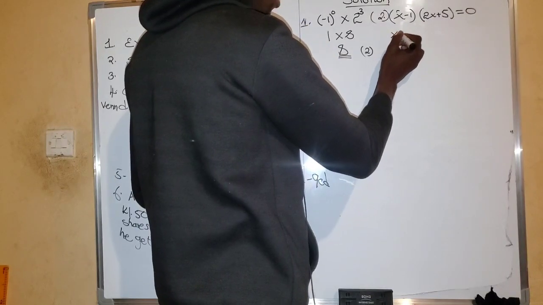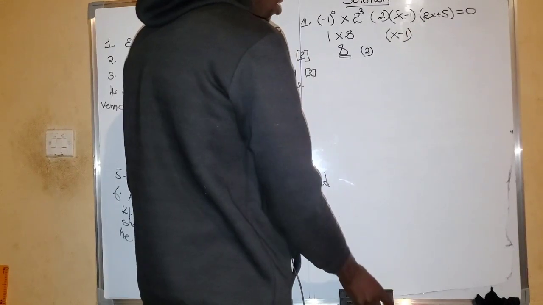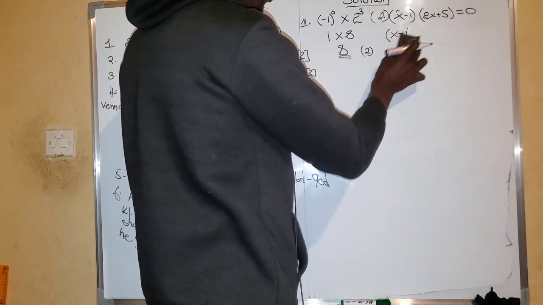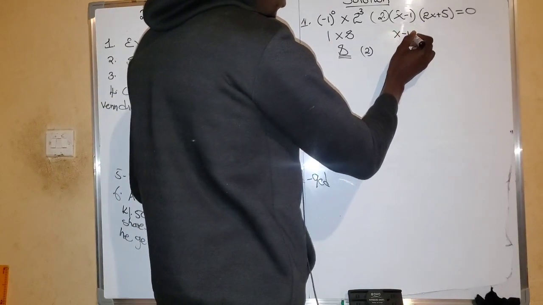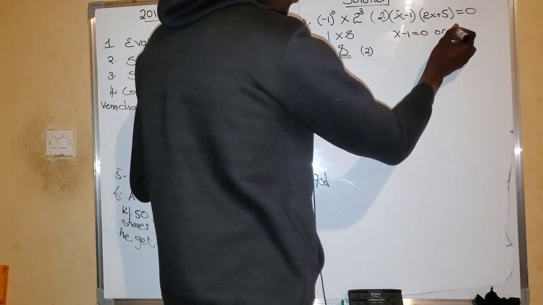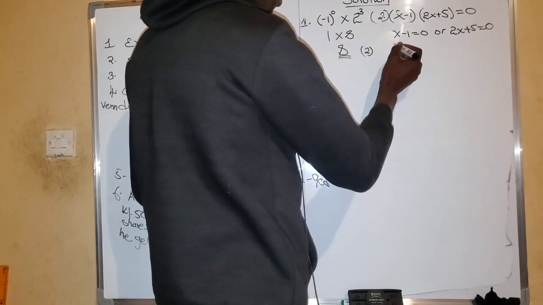So I want to have x minus 1 is equal to 0, or 2x plus 5 is equal to 0.